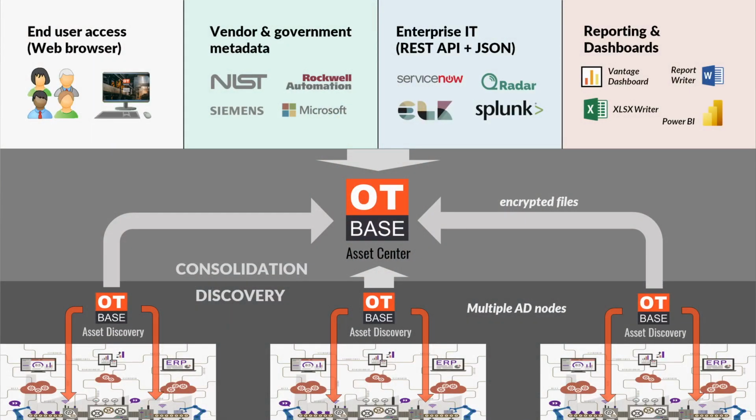Now let's look at OT-base. OT-base uses a distinct two-tier architecture with one central server that usually sits in the enterprise network. However, this server does not do any discovery on its own. Discovery is done by OT-based asset discovery, a standalone software that is deployed decentrally in your process networks.